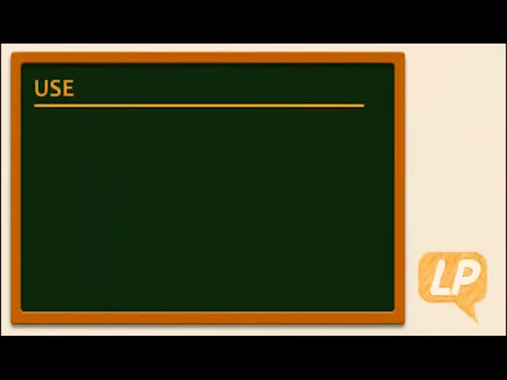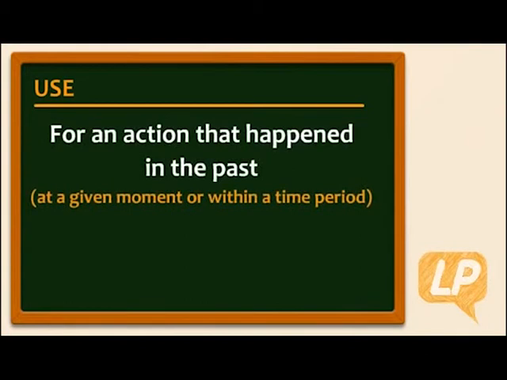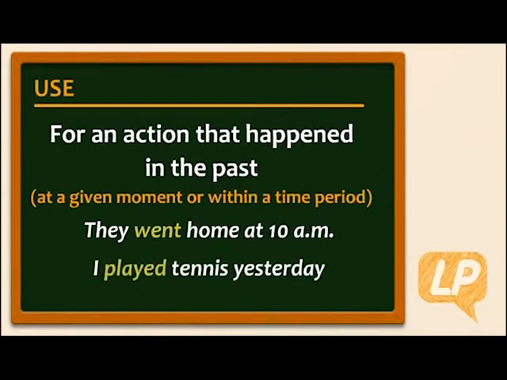Let's go on to talk about the use of the past simple. We use the past simple for an action that has happened at a given moment or within a general time period in the past. Example: they went home at 10 a.m. Or, I played tennis yesterday.